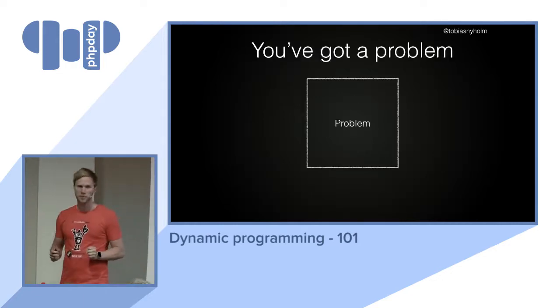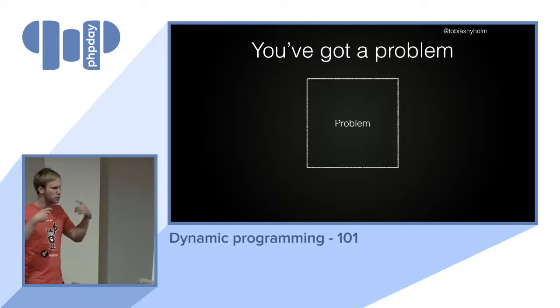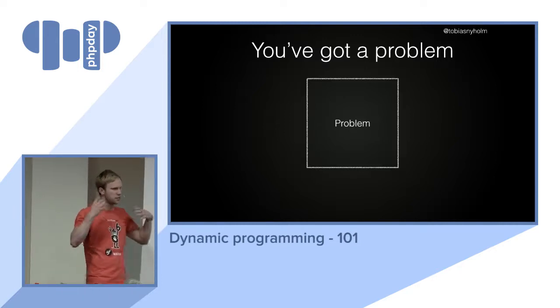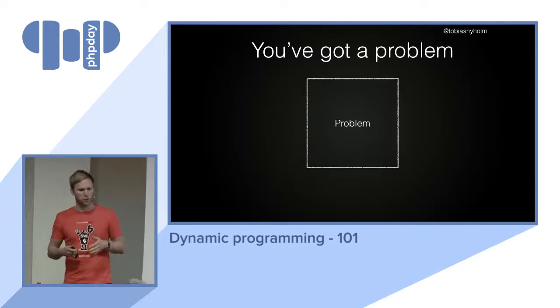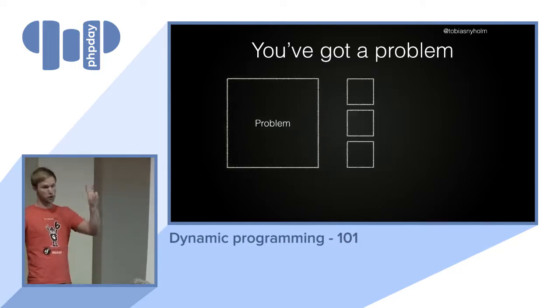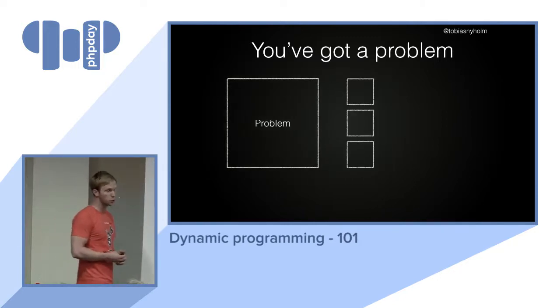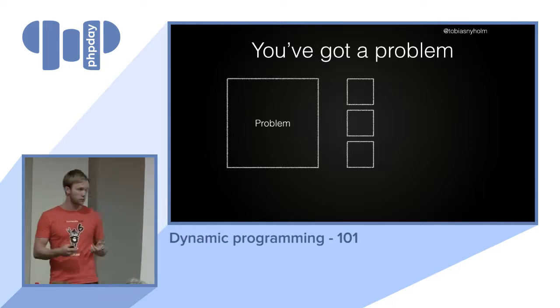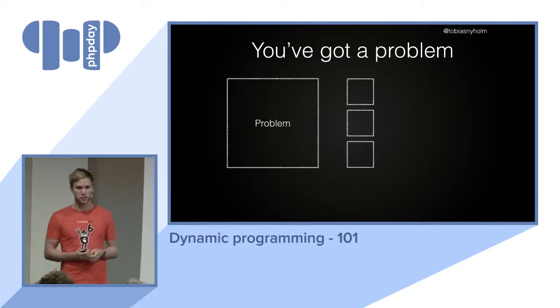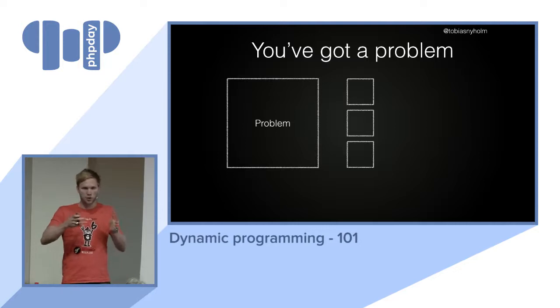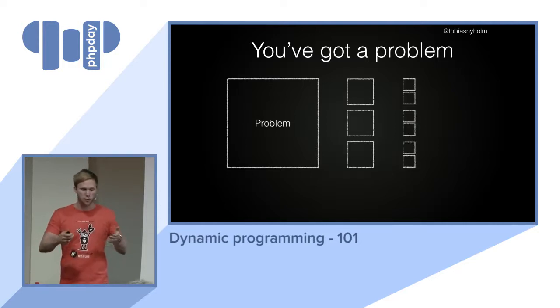Nevertheless, let's get started. Whenever you have a problem, you instantly start thinking about how you can divide this problem into smaller problems. Say the problem of getting to work in the morning. You don't really know the solution to that already. You think, hey, how to get out of bed, how to get dressed, how to get some coffee, how to drive to work and stuff like that. So you have all the sub-problems and you divide them into further sub-problems.